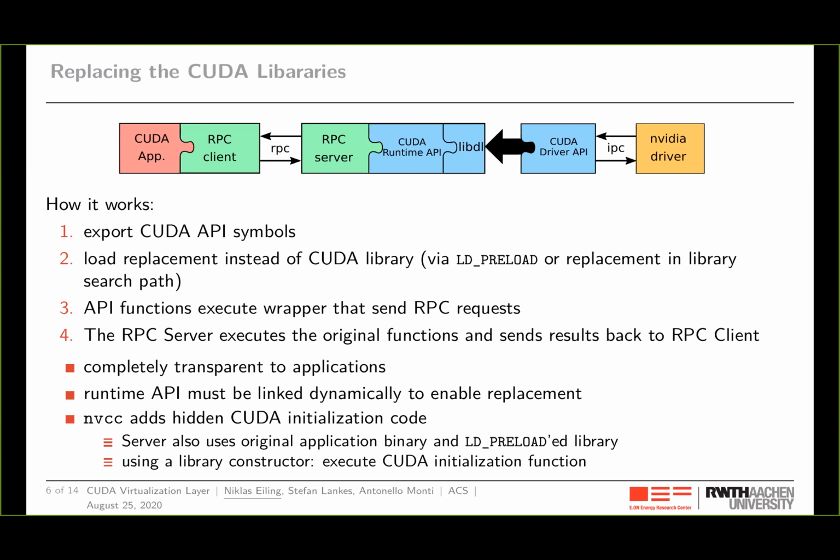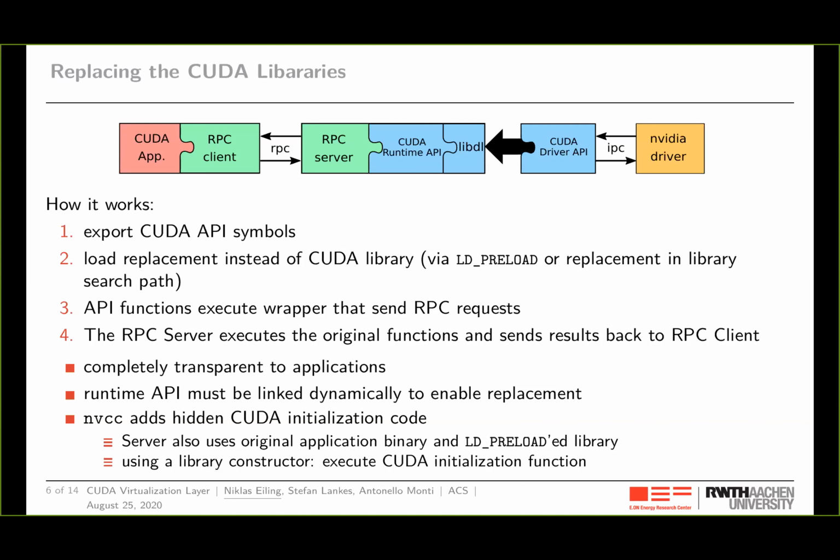Our replacement library then executes like a wrapper that, instead of executing the original CUDA API functionality, sends RPC requests to the server application. In the server application, we then execute the original function, collect the results of these CUDA functions, and send them back to the client.